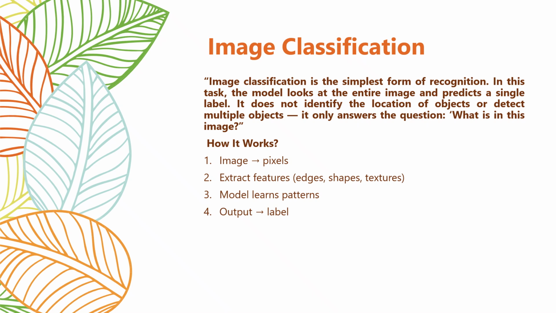And as we said, image classification only answers the question of what is in this image and nothing else. Whichever is the dominating object will be the single label, the image classification's output.